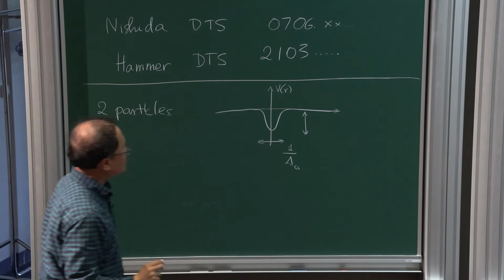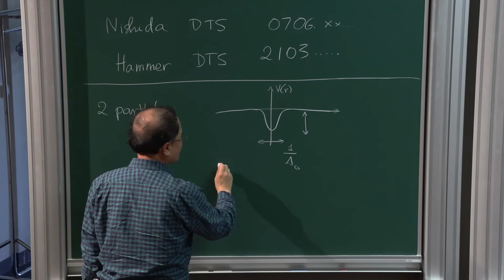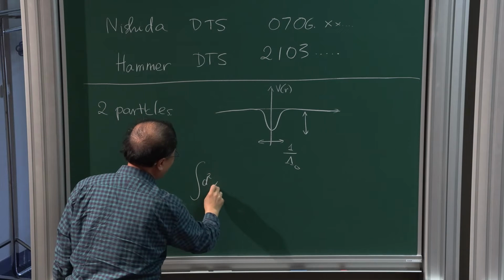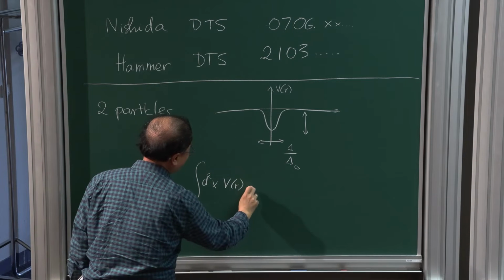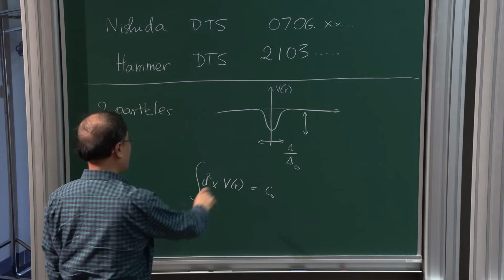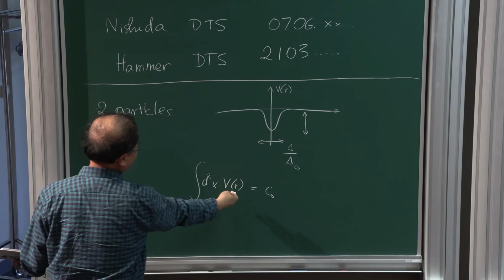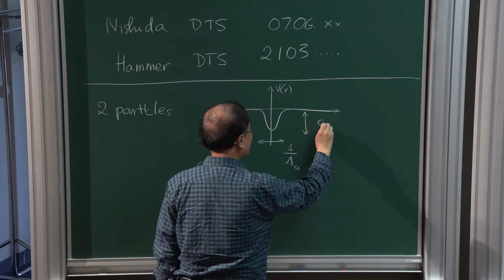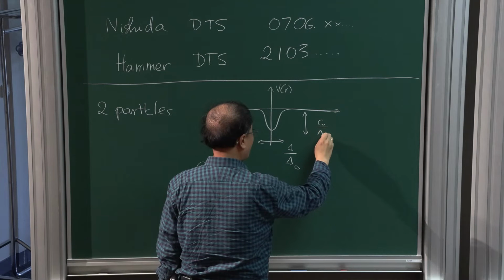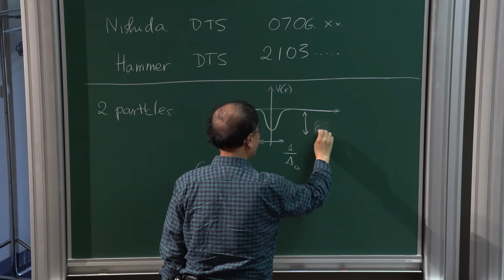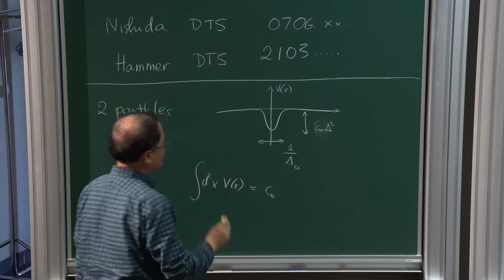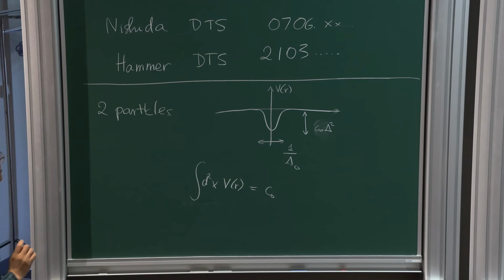The integral d2x of V of r is roughly C naught, the coefficient in front of the delta function. So the height here is C naught times lambda naught squared. Roughly speaking, it's a delta function.